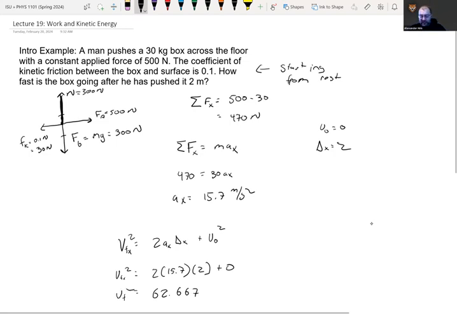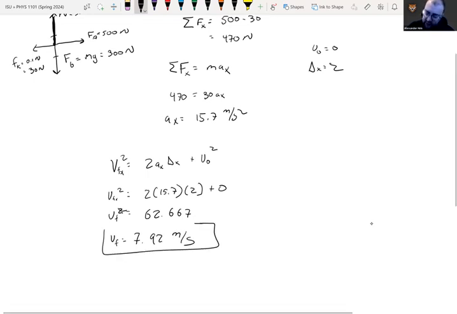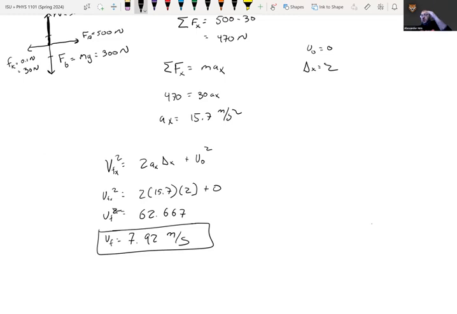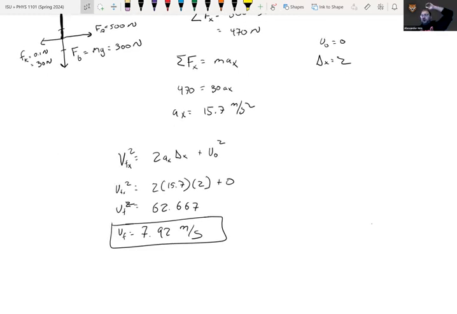Then I'm just going to need to take a square root. And when I do that, I get v final is equal to 7.92 meters per second. So that is using the combination of Newton's law and kinematics.